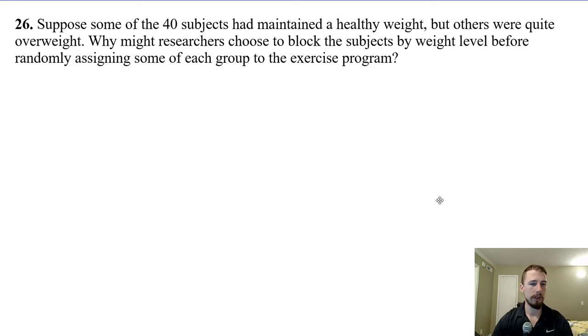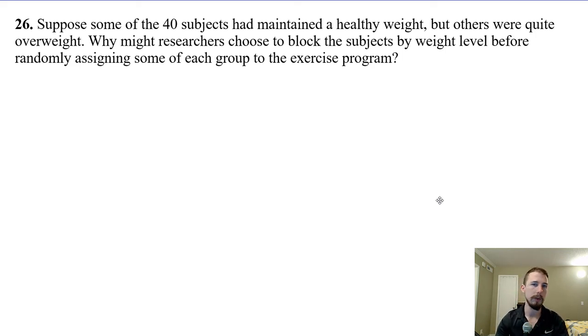26, suppose that some of the 40 subjects had maintained a healthy weight, but others were quite overweight. Why might researchers choose to block the subjects by their weight level before randomly assigning some people to the exercise program? So if we thought that people who were overweight were going to have different results, maybe more severe or less or whatever we thought was the case, we want to go ahead and block by their weight level in order to reduce outside sources of variation.